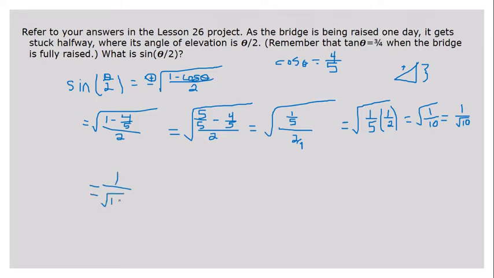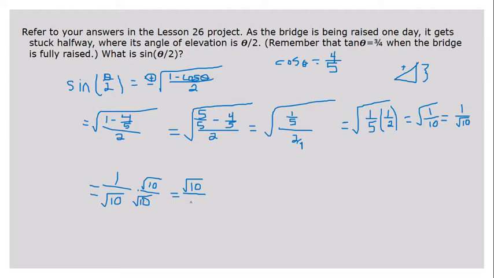But I can't have a square root in my denominator, so I need to rationalize this. To rationalize it, I need to multiply the top by square root of 10 and the bottom by square root of 10. So when I multiply the top, 1 times square root of 10 is the square root of 10. Square root of 10 times square root of 10 would be the square root of 100, since 10 times 10 gives me 100.